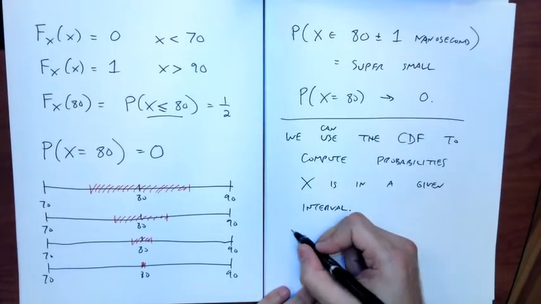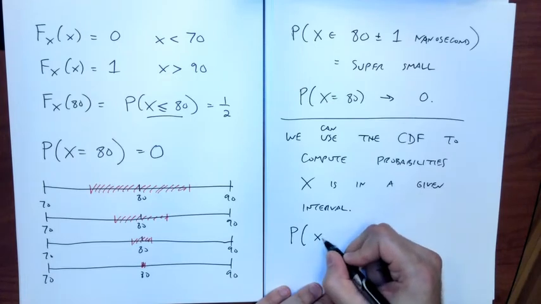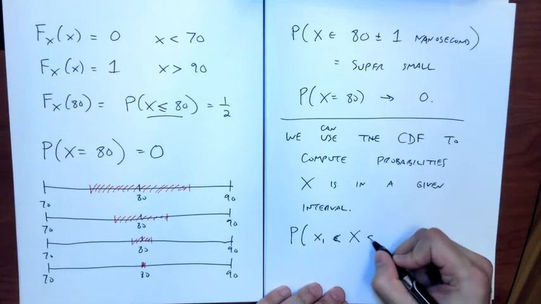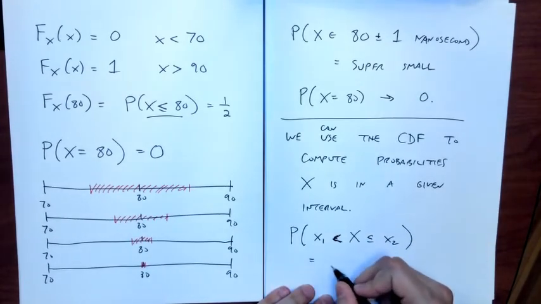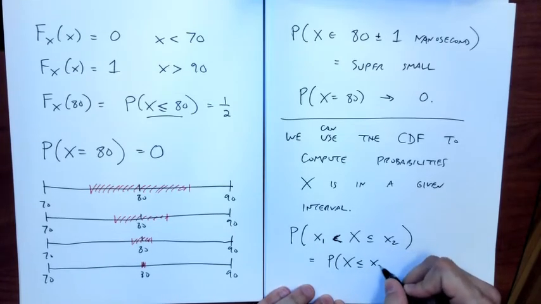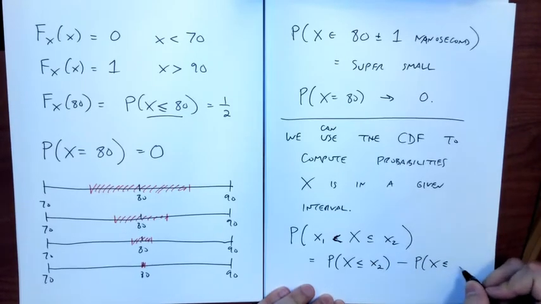The probability that X is between x1 and x2 is the probability that X is less than x2 minus the probability that X is less than or equal to x1.